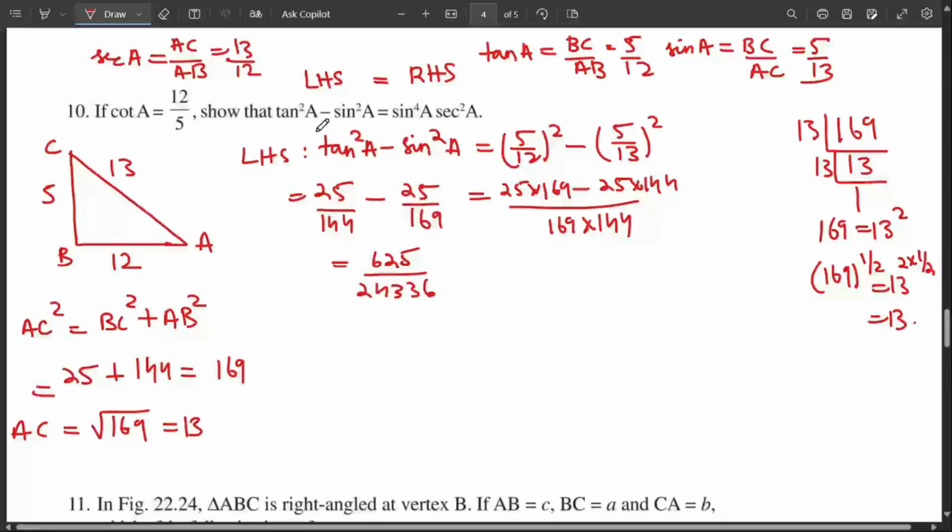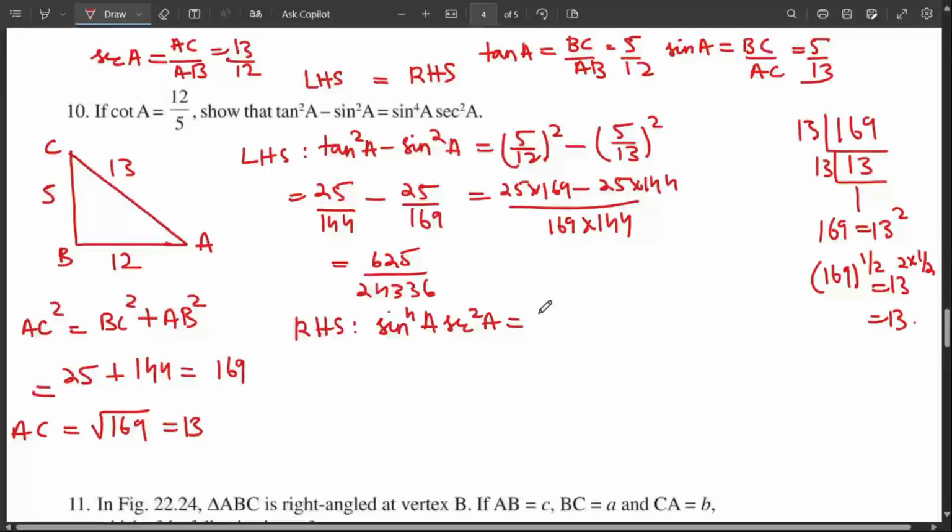So then you will prove that tan square A minus sin square A is equal to sin to the power 4A into secant square A. So in the RHS, we have sin to the power 4A into secant square A. Sin A is nothing but 5 by 13.